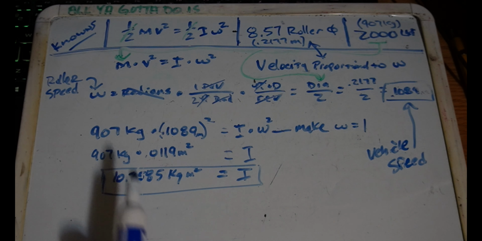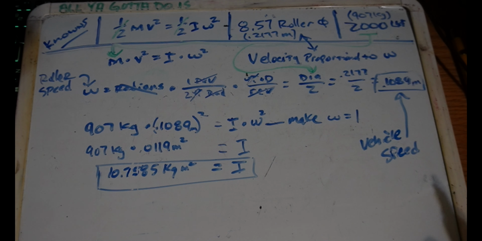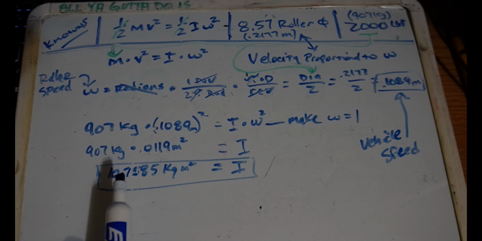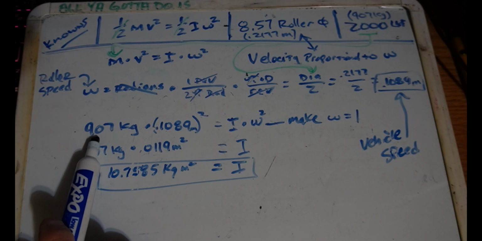that's 0.1089 meters. Now I have everything I need to solve the equation. I know my mass, 907 kilograms. I know my V, which isn't really V, it's just linear because I got rid of the per second. It's 0.1089 squared.